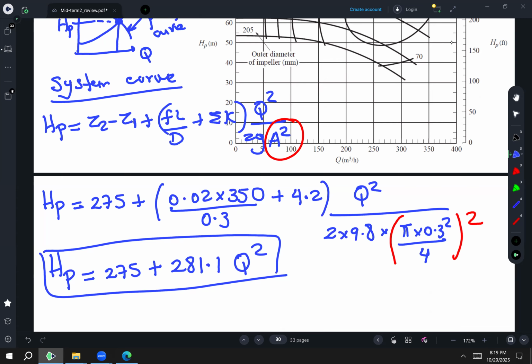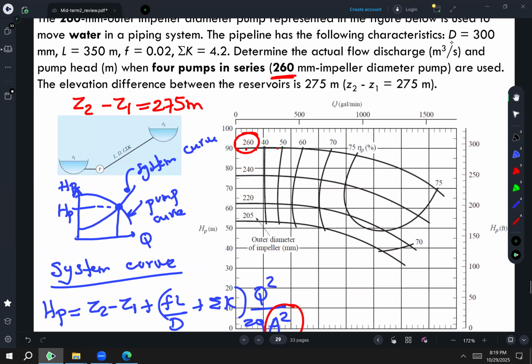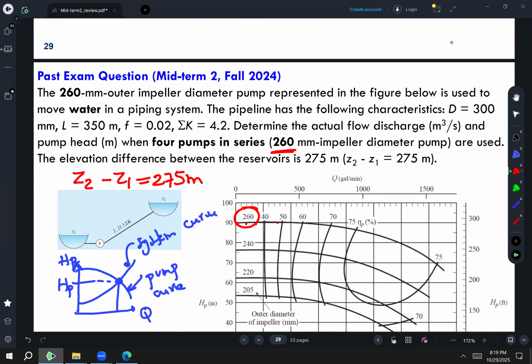Now I have to find the pump curve. But I have to find the pump curve for four pumps in series, using this pump here. But here I have the pump curve in the chart, of course, for one pump.